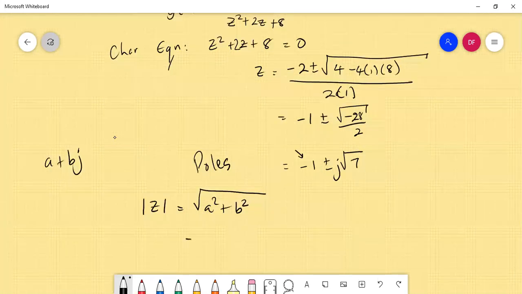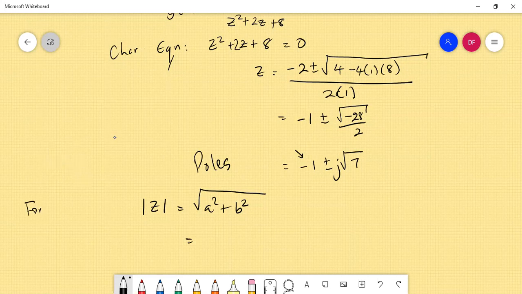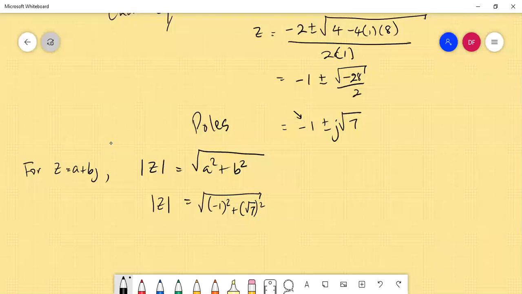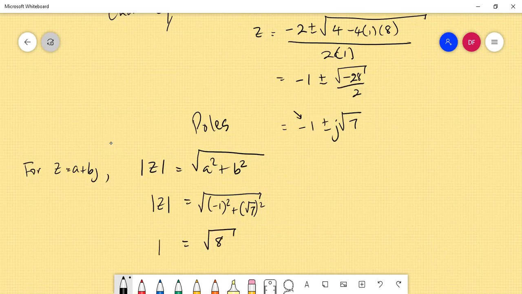So the modulus of z for this particular one is the square root of minus 1 squared plus root 7 squared, which is the square root of 8, and we know that that is bigger than 1. So the system is not stable.